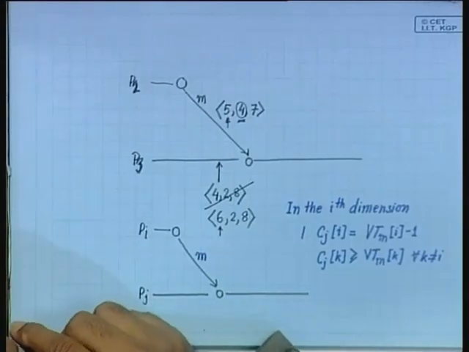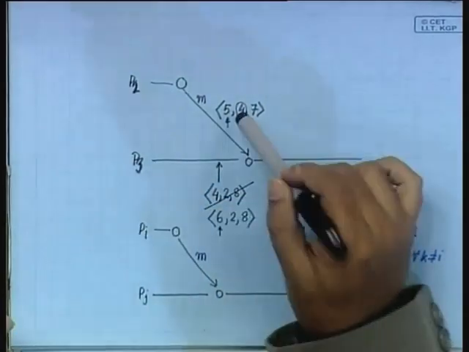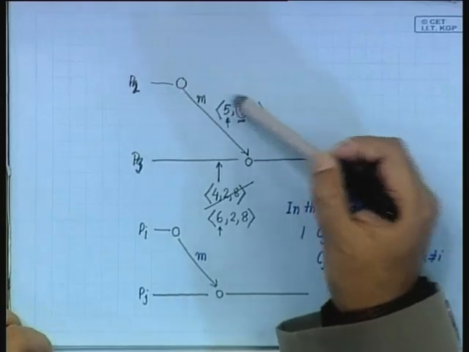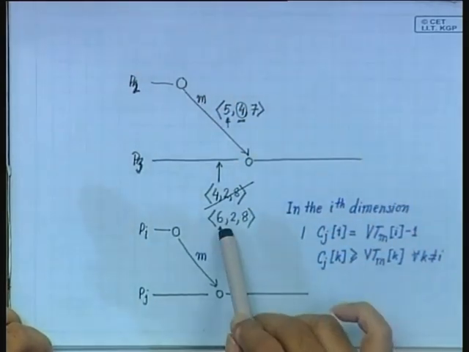Okay. Now, that may not be a problem in delivery, because it may so happen that P2's delivery of this message happened before P1's delivery of this message.